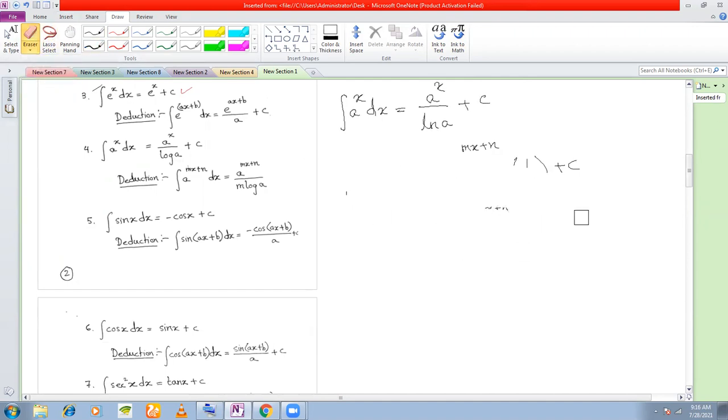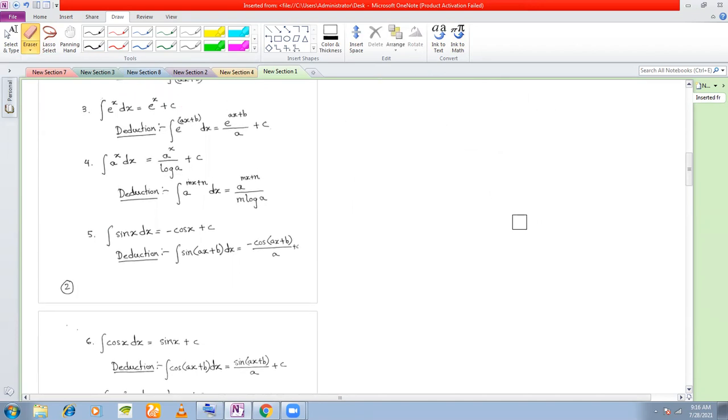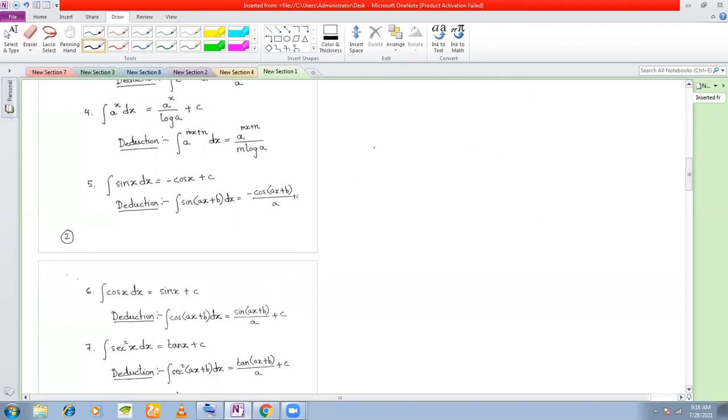Similarly, sin x. Integral sin x, the formula here is minus cos x, right? If I want to integrate sin of ax plus b, instead of x, if you have ax plus b, a linear polynomial, then we proceed in exactly the usual manner.